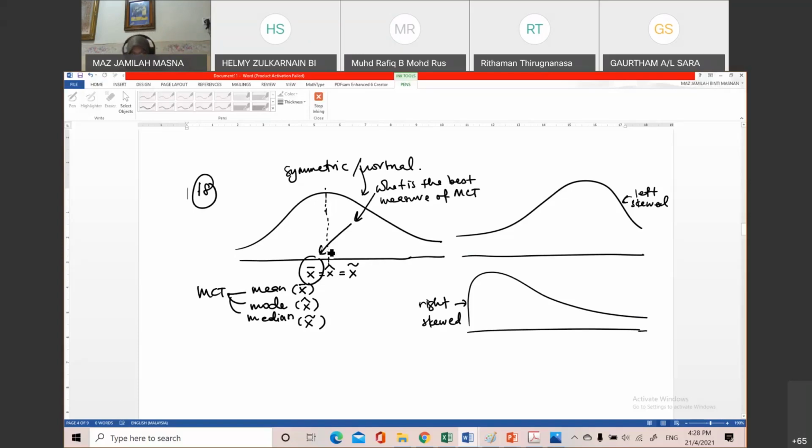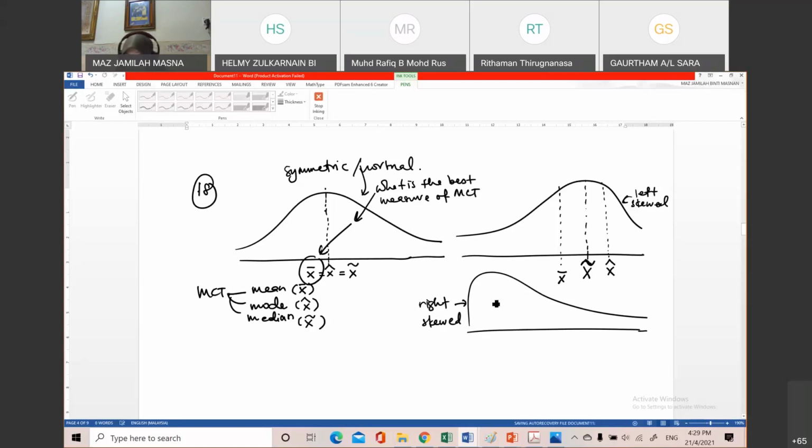Not mode, not median. Okay, so what happens if you have skewed data? How does that value differ from each other? Now, please relate to your figure just now. So if, let's say this is your median, and this is your median. So for left skewed, your mean will always be smaller than your median, and your mode will always be larger than the rest. This is your x mode.